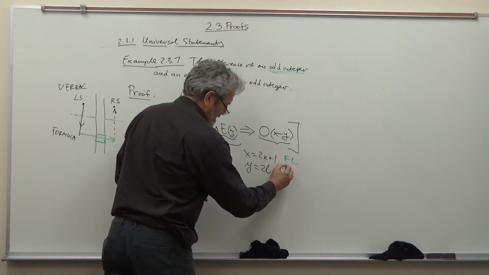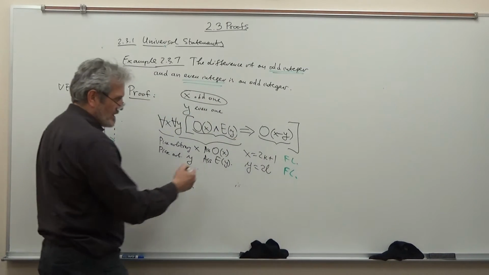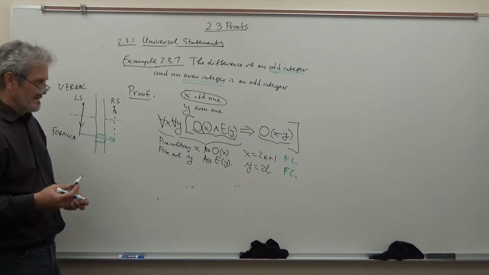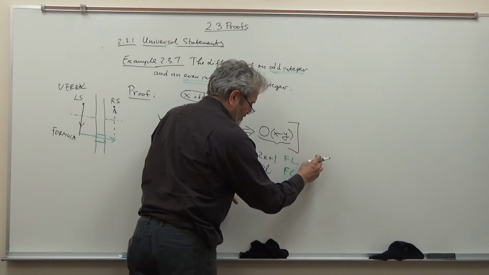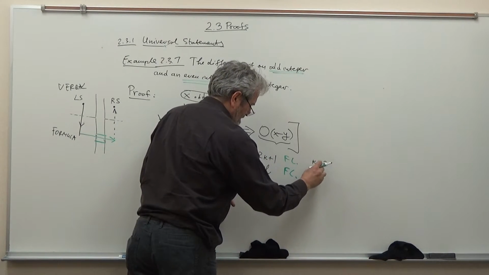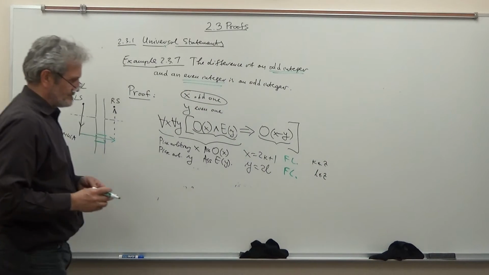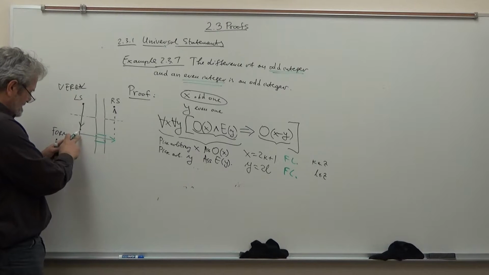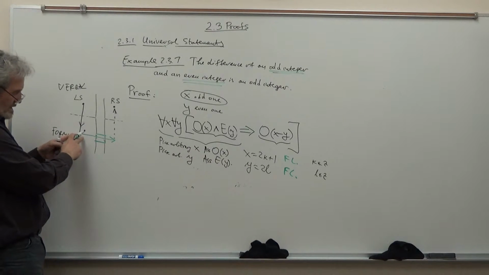It's also in formula land. Look, now I have equations that I can manipulate much better and safer than the sentences. Of course, I didn't say here for some k in Z, and for some l.